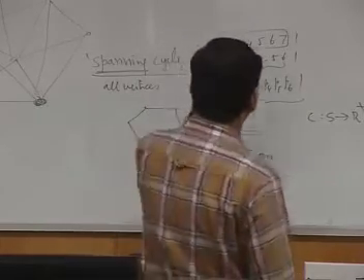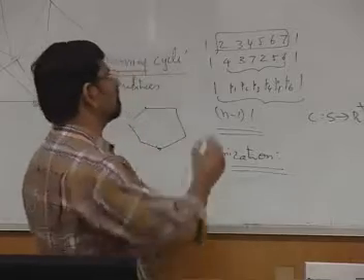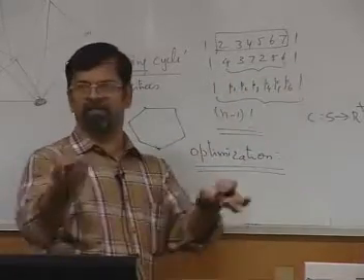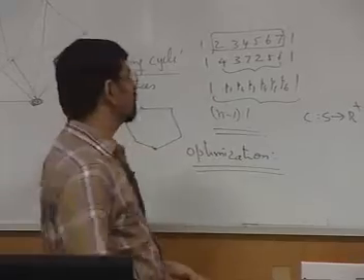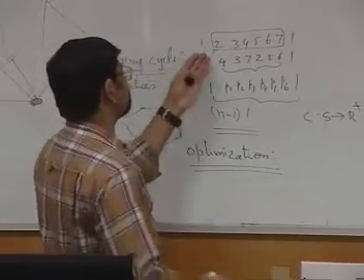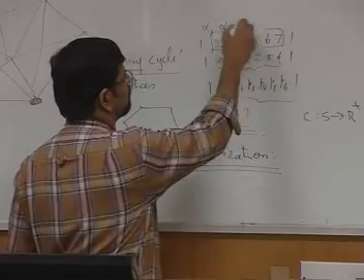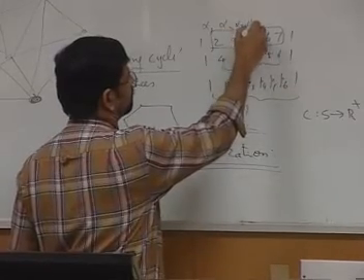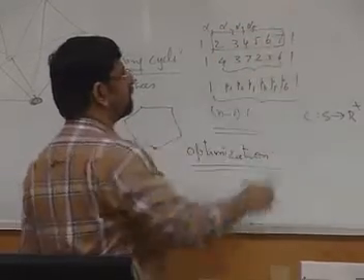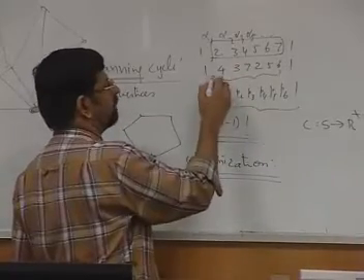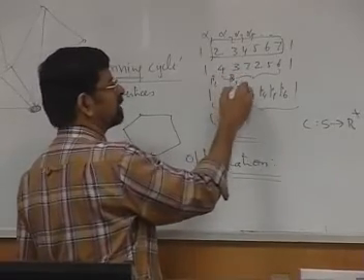What is the cost of a tour? The cost of a tour is whatever is the individual cost defined in the tour; you add up and that defines the cost of the total tour. So there will be a cost of going from 1 to 2 and then 2 to 3 and 3 to 4 and 4 to 5 and so on. Add all of them and that would define the cost of this. For this other tour, you will have another cost, and 4 to 3 there will be another cost.